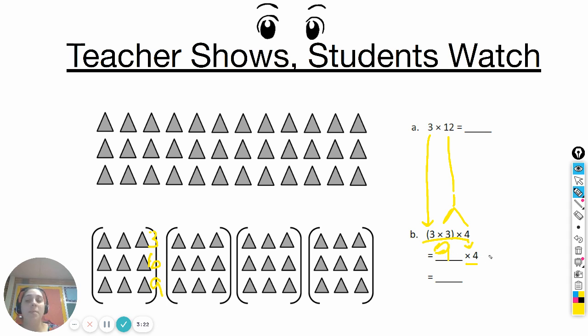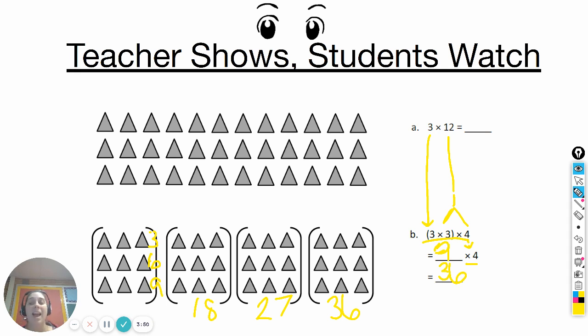And now we can skip count, okay? We can count by 9s 4 times. Okay, so 9 is for this array. 18, 27, 36. So 9 times 4 equals 36.